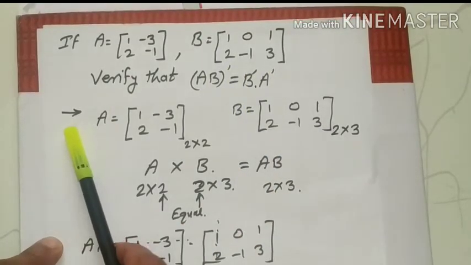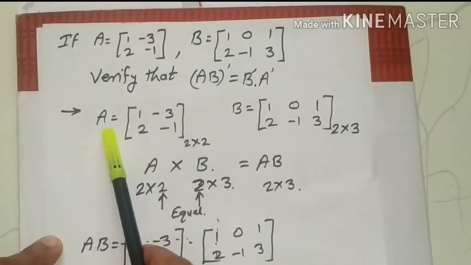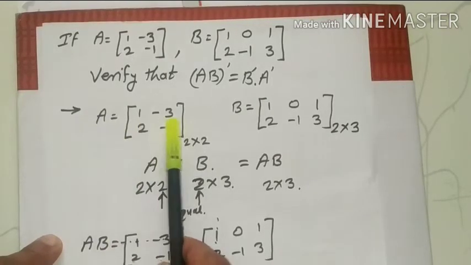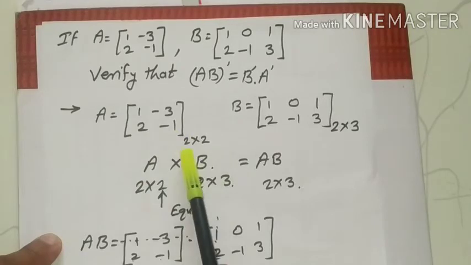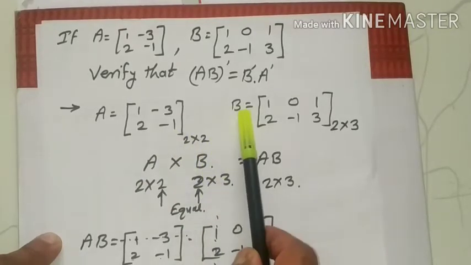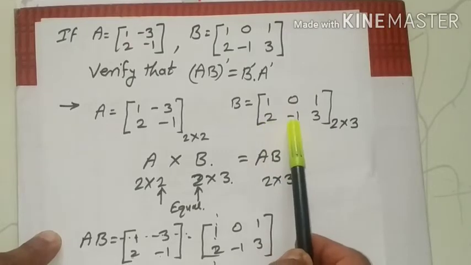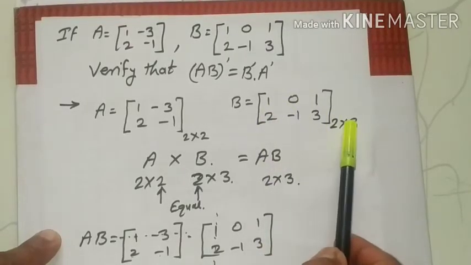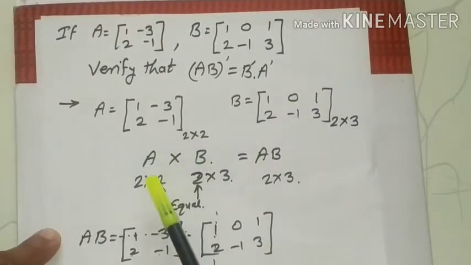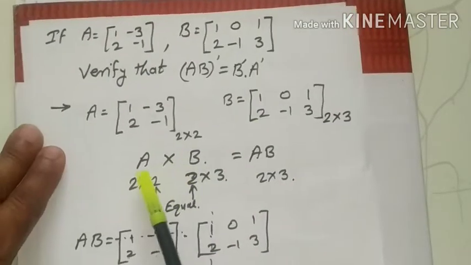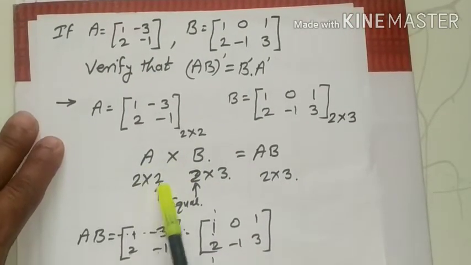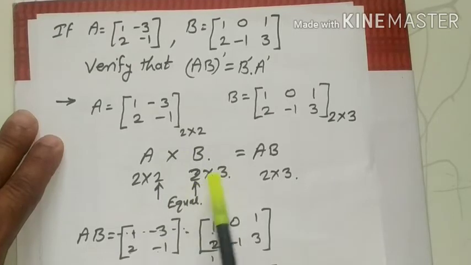Solution. First, take matrix A, [1, -3; 2, -1], a 2 by 2 matrix, and matrix B equal to [1, 0, 1; 2, -1, 3], so 2 rows and 3 columns. Multiply matrix A and B. Matrix A is 2 by 2 and matrix B is 2 by 3.